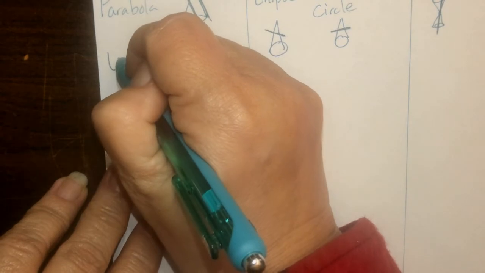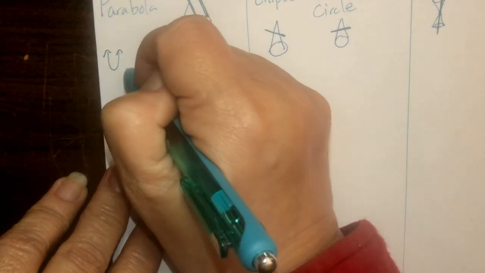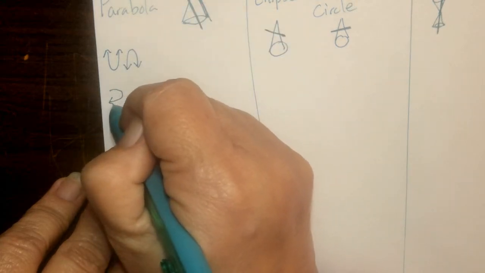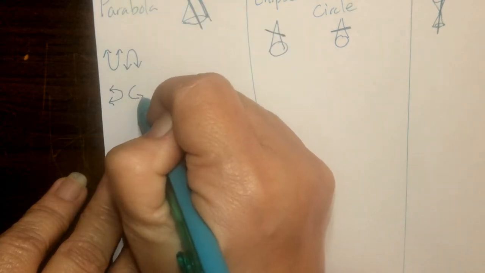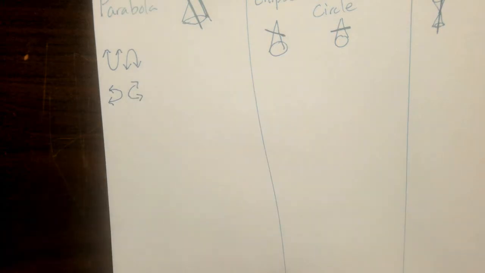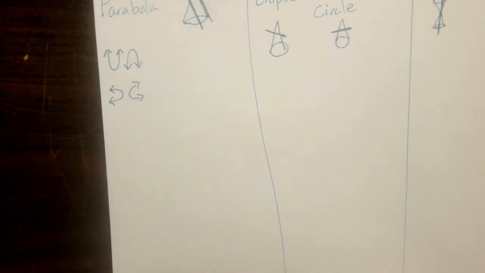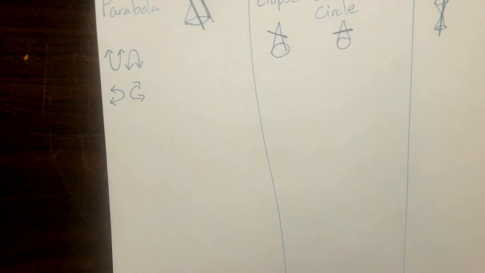Our parabola can either open up or down or left or right. And the way in which the parabola opens dictates the equation, or rather, I guess the equation dictates the way that the parabola opens. So what you want to think about is if it's opening up and down, it's like a y equals x squared.